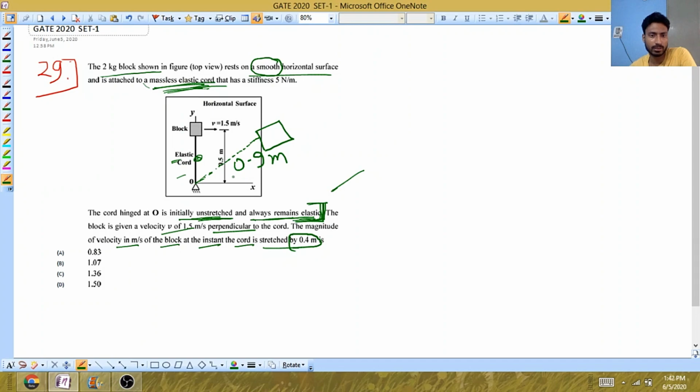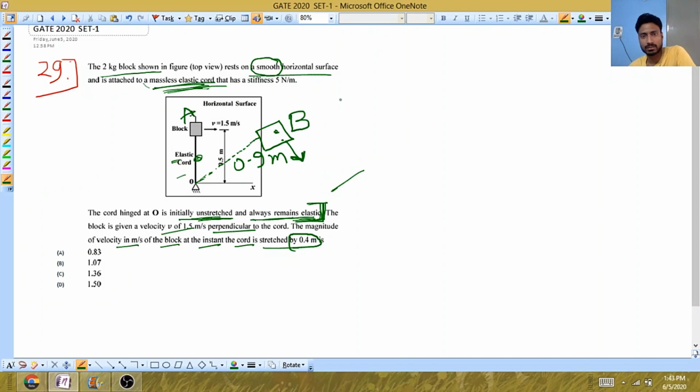So what is the magnitude of velocity at this instant? You know that velocity is always perpendicular to the radial direction, it is tangential. Okay, just take this point as A, this point as B.